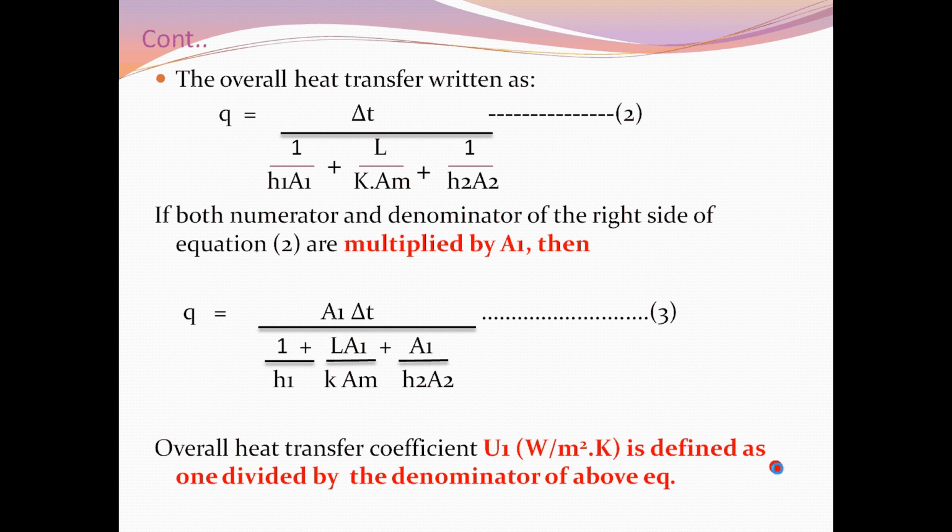The overall heat transfer coefficient U1 is defined as 1 divided by the denominator of the above equation, equation number 3. What is the definition of the overall heat transfer coefficient? It is just 1 divided by the denominator of equation number 3.